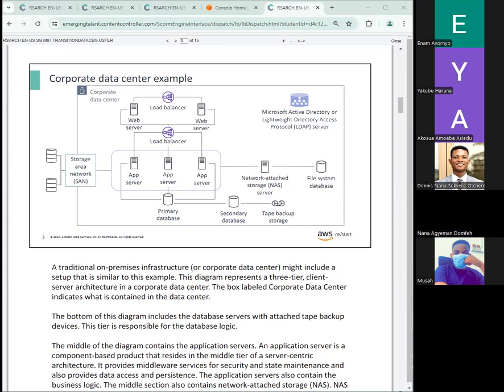How do I get to this file? And then the file system database says, go to the storage area network. That is where you can find this video file or this profile picture or whatever, which will eventually be sent back to the app server that will respond to the request of the client. And then that's the cycle.